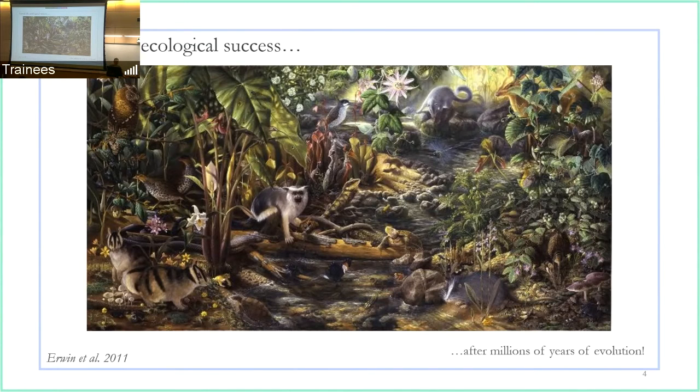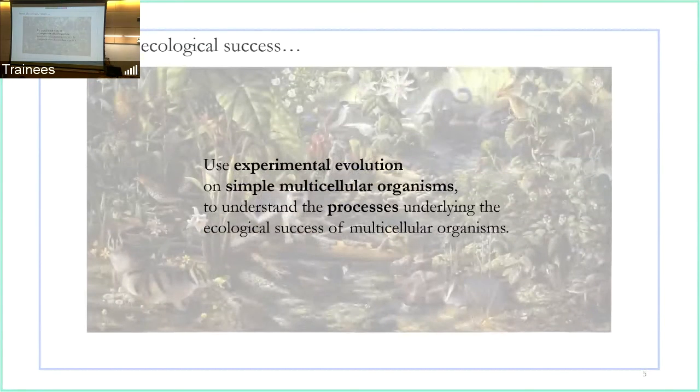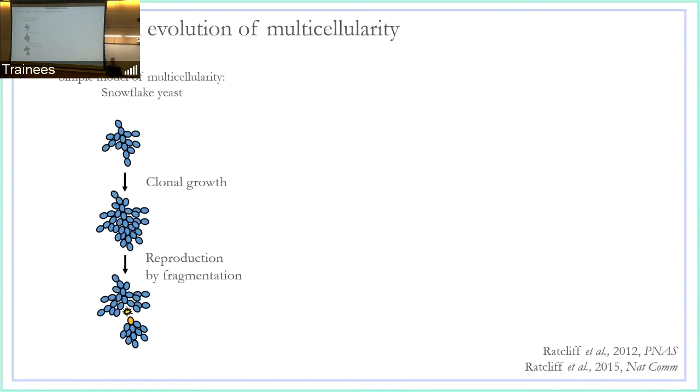And so in the lab, to understand this, we use experimental evolution on very simple multicellular organisms. I'm interested in understanding the processes underlying the ecological success of multicellular organisms. Our model study in the lab is a simple model of multicellularity that is called Snowflake yeast.